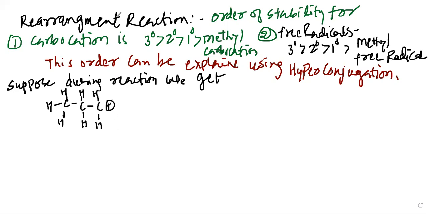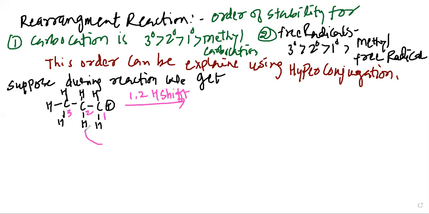Now here, my dear students, this positive charge moves. This is first carbon, this is second carbon, this is third carbon. Here a 1,2 H shift takes place.